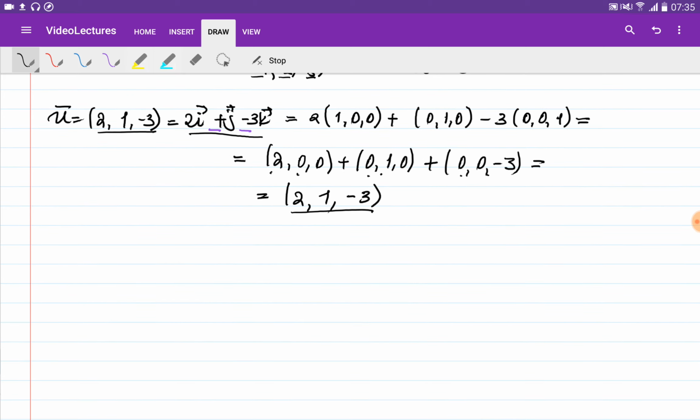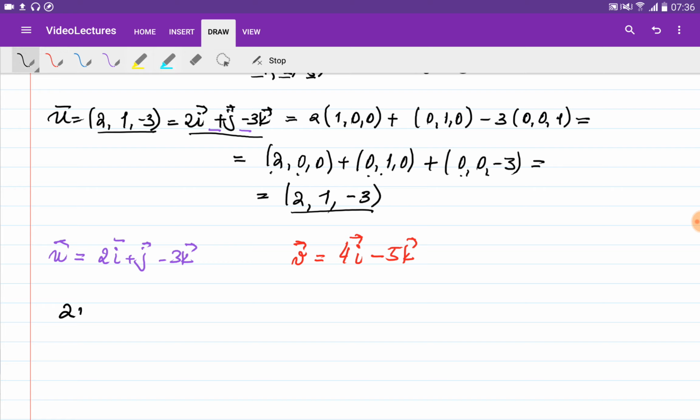Now, if we're given a vector u expressed in terms of the basis vectors, for example, 2i plus j minus 3k, and another vector v, which is also given in terms of the basis vectors, for example, 4i minus 5k, we can do operations with the vectors using only them.